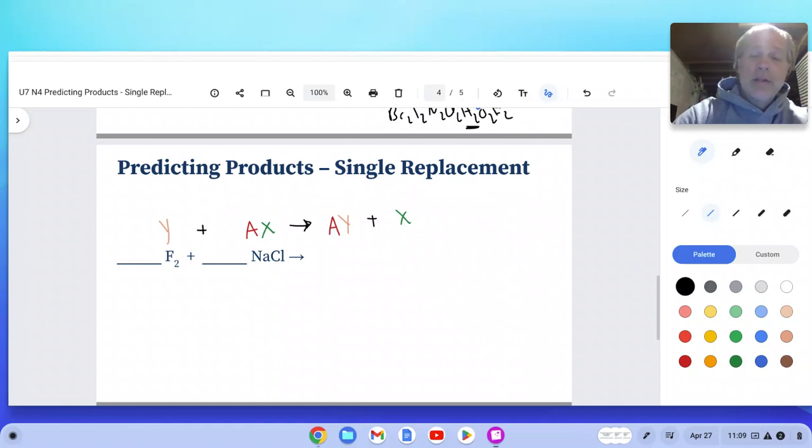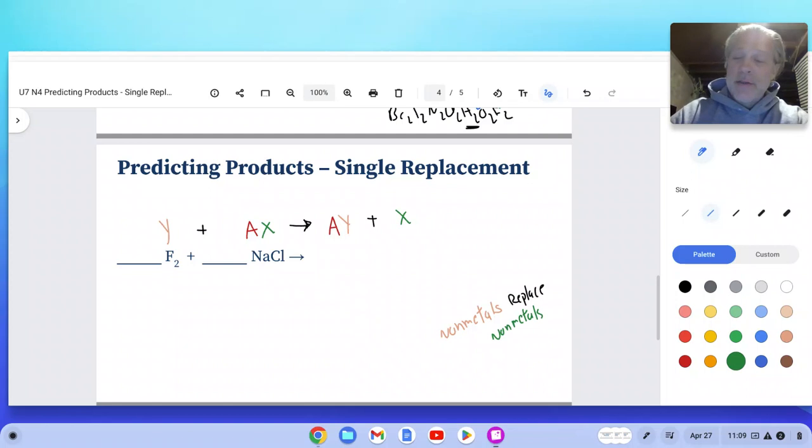So in this example, we have a nonmetal, and nonmetals replace other nonmetals.